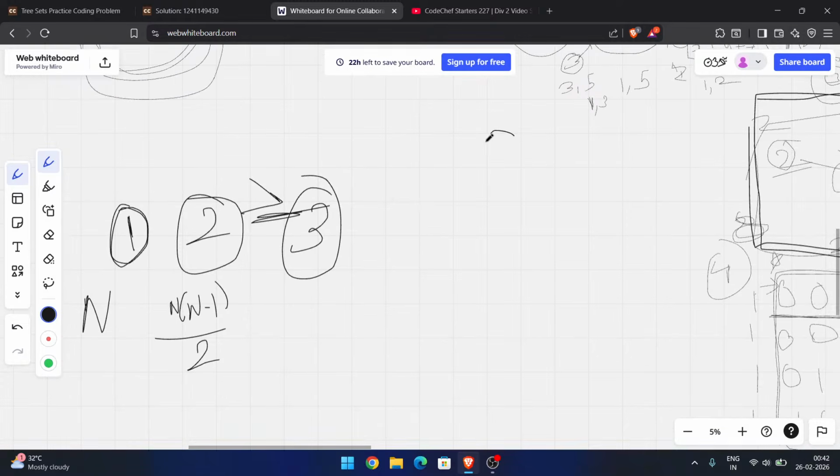Now we have to look for, for size greater than or equal to 3, we were looking for every index. Let's suppose this was x and this had 4 branches.